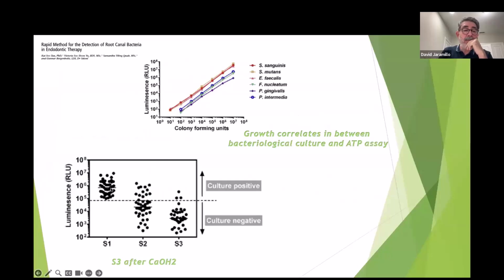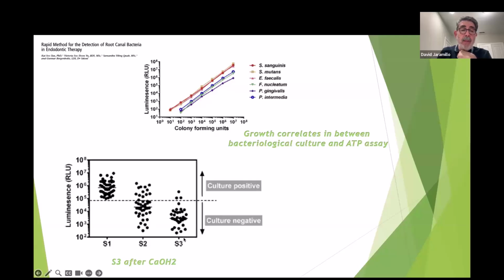The same here, the 100% formation of bacteria in the S1, and then after the treatment, they were able to correlate the remaining bacteria compared to the bacteria that has been removed from the root canal.